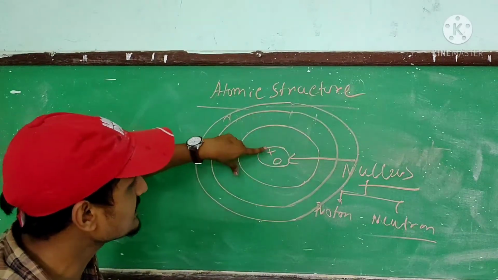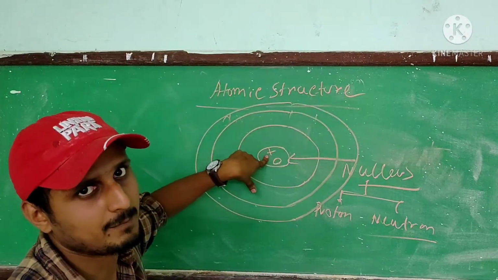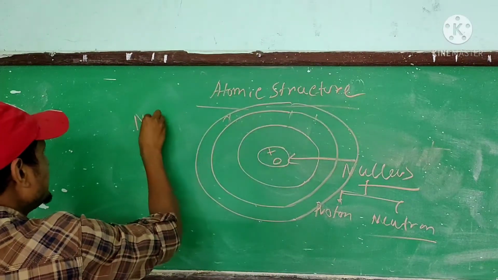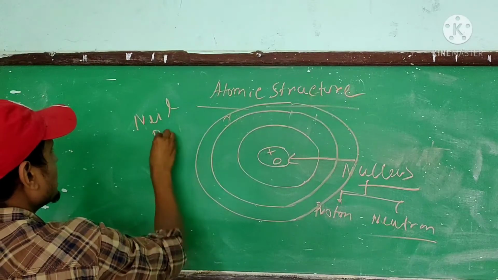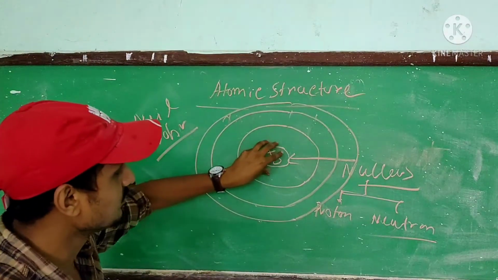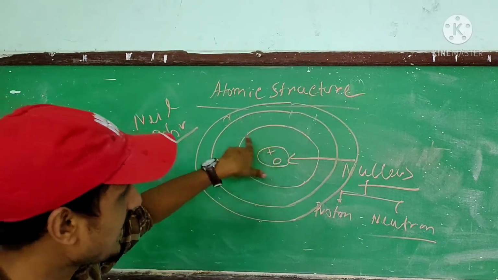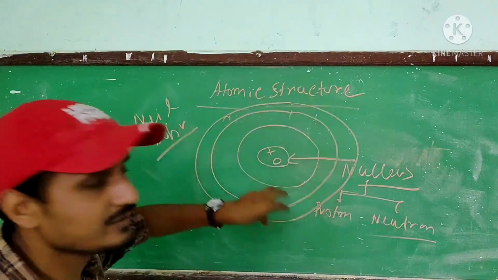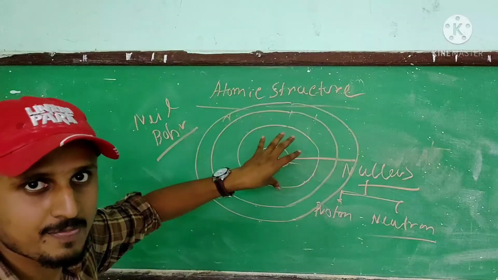That this center is called the nucleus was told and confirmed by Rutherford, but he was unable to tell that this nucleus consists of protons and neutrons. But after that, from Niels Bohr's theory, we concluded that this nucleus will consist of protons and neutrons, and surrounding this nucleus, electrons will revolve in separate orbits.